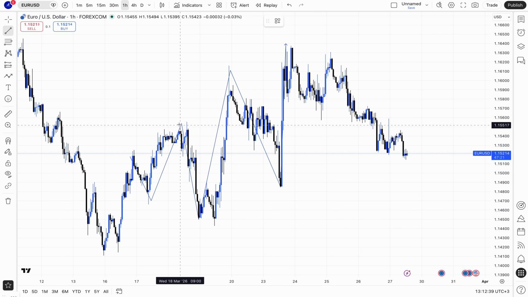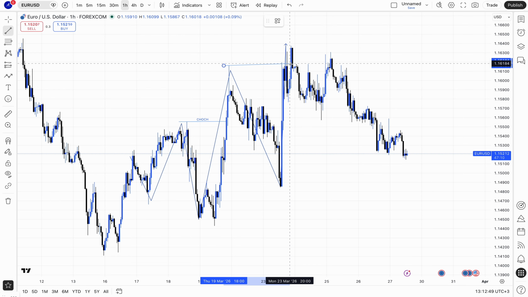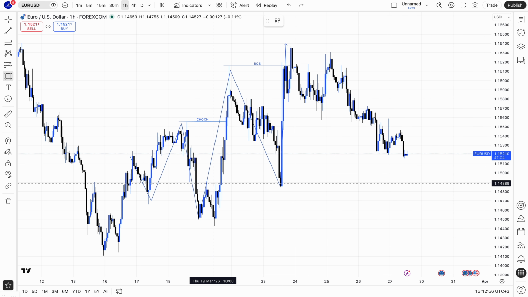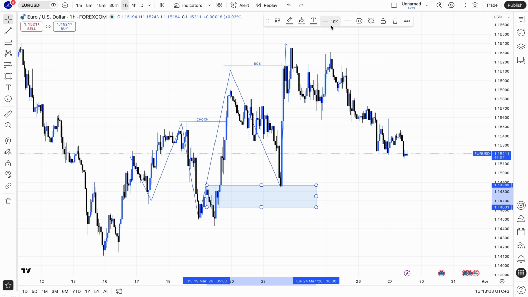That means this was our market structure shift to the upside, external market structure. You can see it here cleanly. And then here we had our break of structure to the upside, after price respected our order block, which was around here. It was a very clean one.